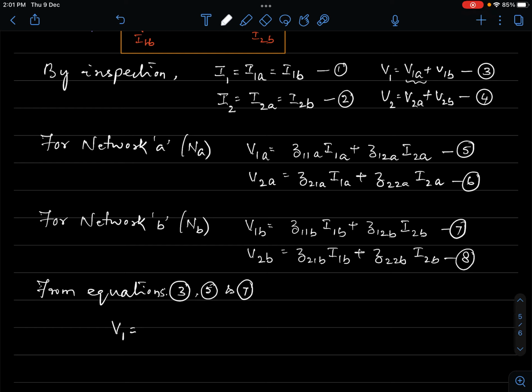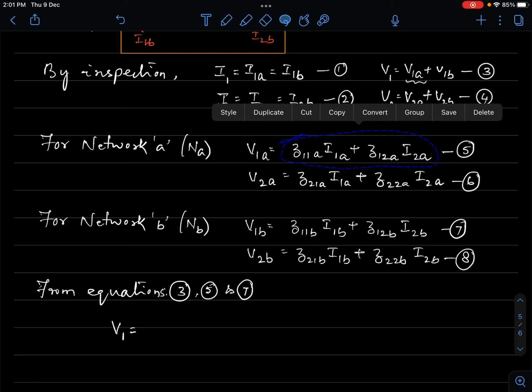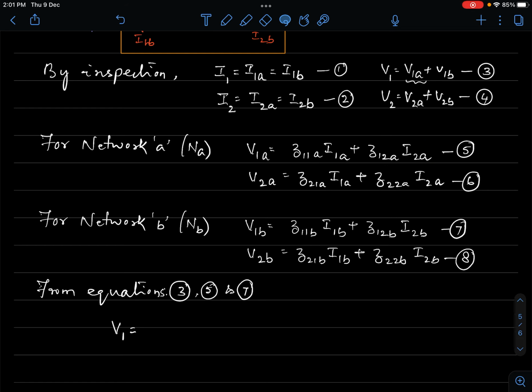So what do I get? I'll do it later. V1 equal to, this is Z11A. I'll take this much, copy this, and paste it here.